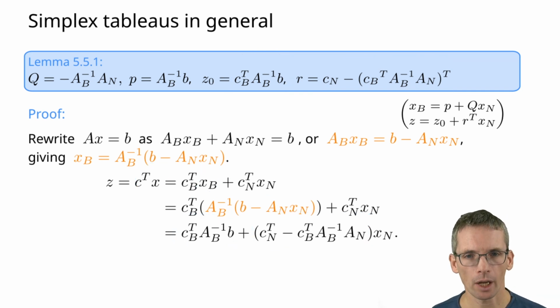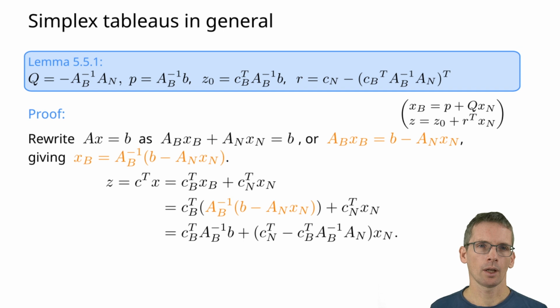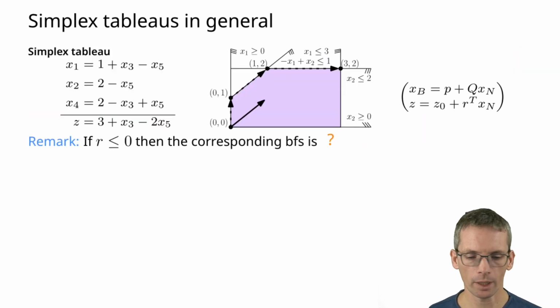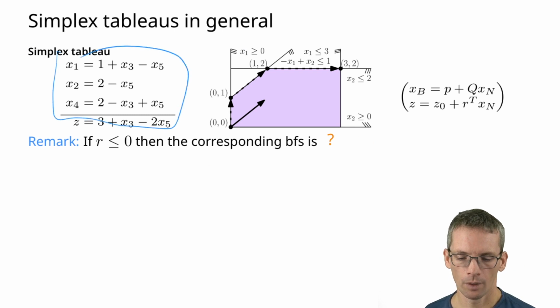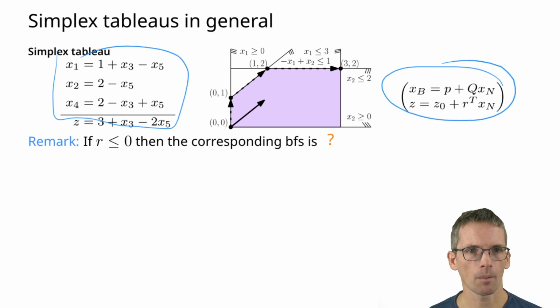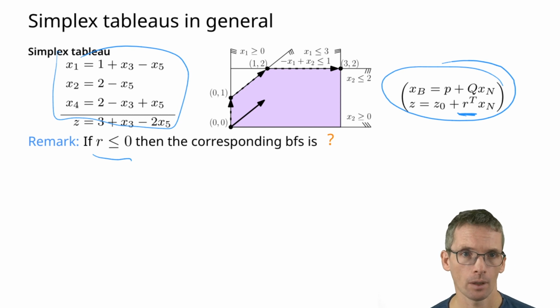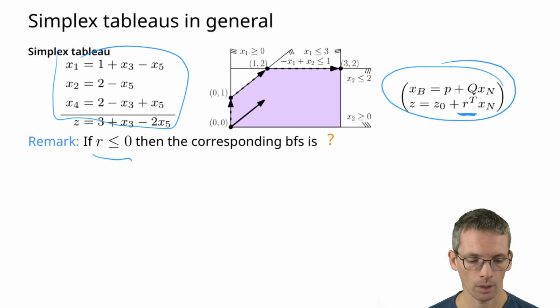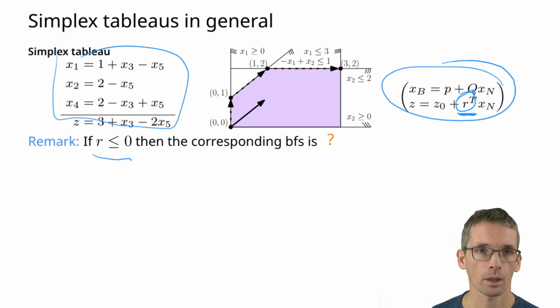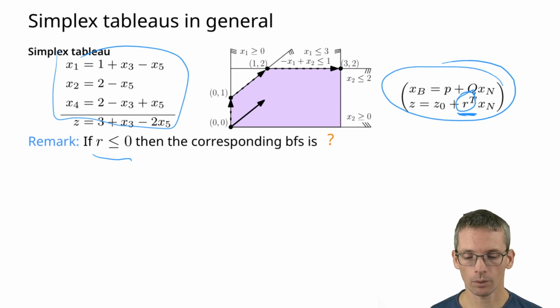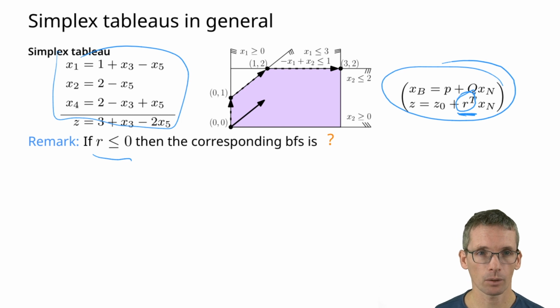So now we have a general form for the simplex tableaus, and for that we can describe decisions in our algorithm. For instance, here we have a simplex tableau, here written in matrix form, in particular with R transposed here. So if, for instance, R is non-positive, what does that mean for our basic feasible solution?